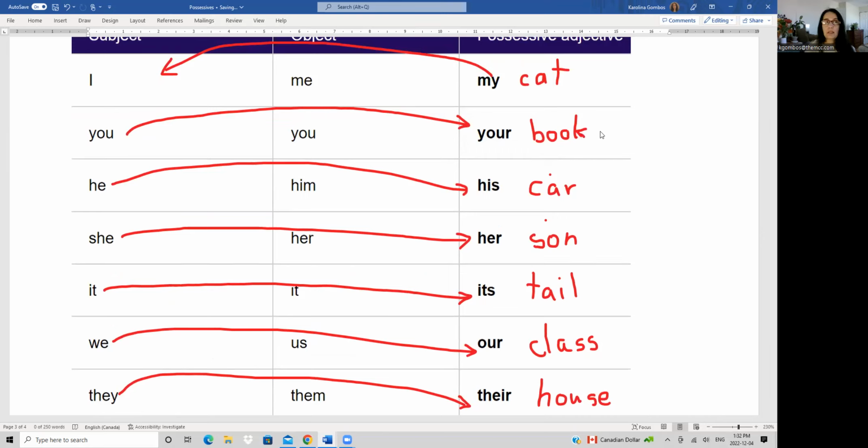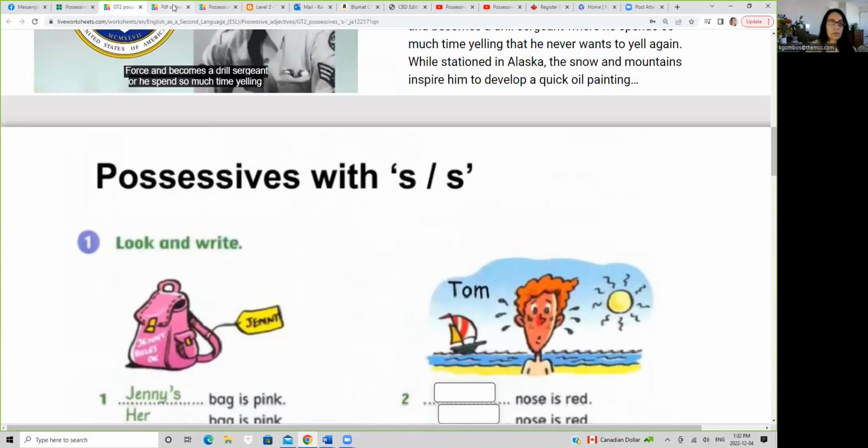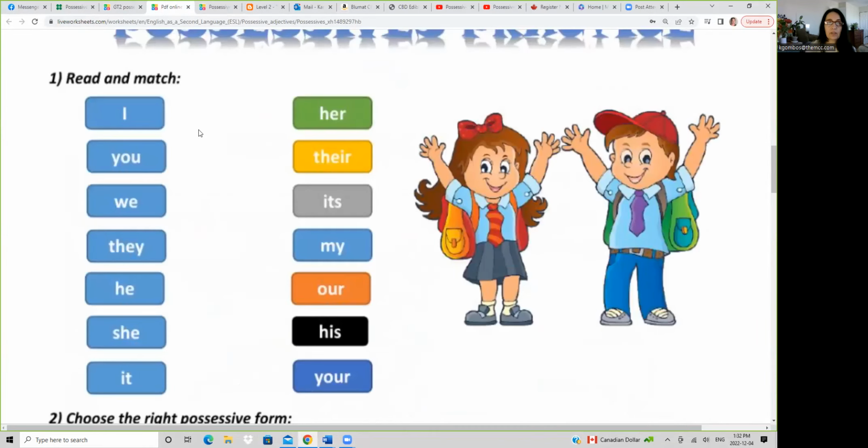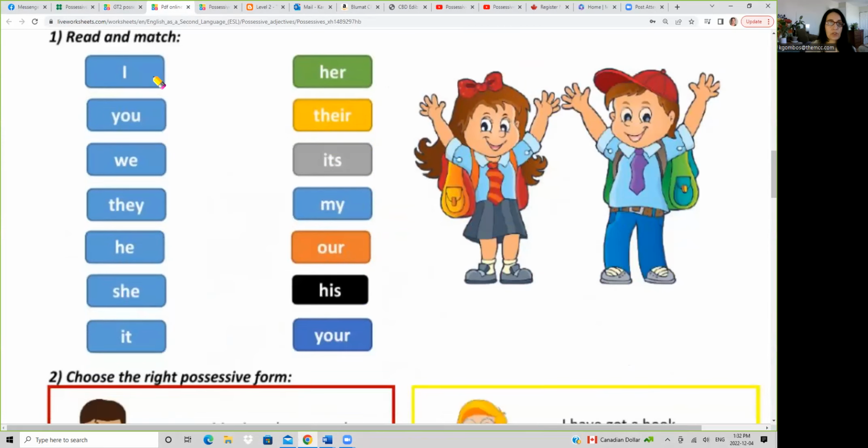Okay, and as a practice, I will show you this exercise. What you have to do here, I will put the link under the YouTube video. You just have to match it. I, my.